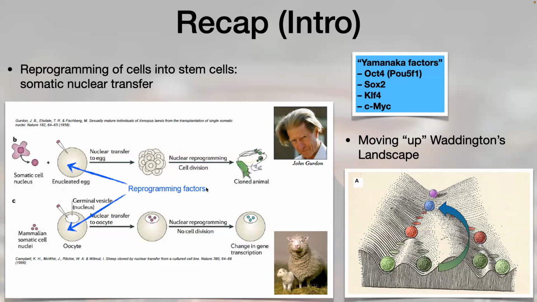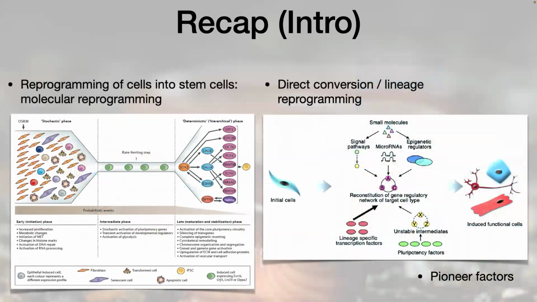The most famous one is this cocktail of the four Yamanaka factors, OCT4, SOX2, KLF4, and CMYC, all of which are transcription factors that together will increase the chance that a differentiated cell can re-enter a pluripotent state in the mammalian system. We had seen that it's actually a gradual change in the cells in this process of reprogramming.